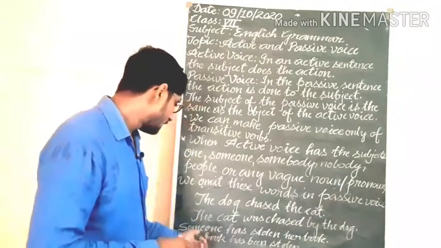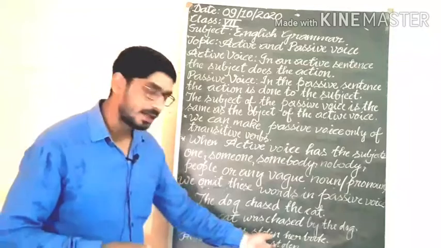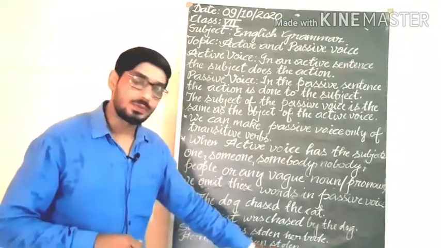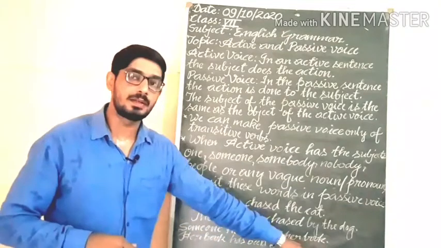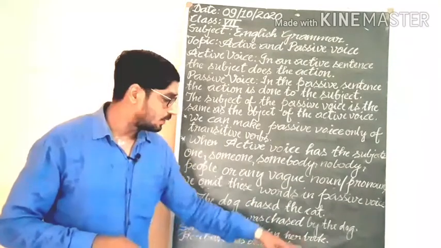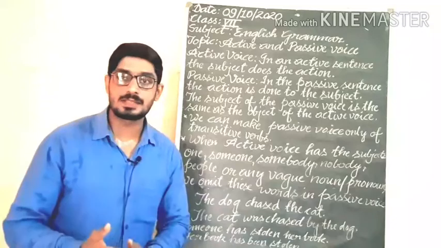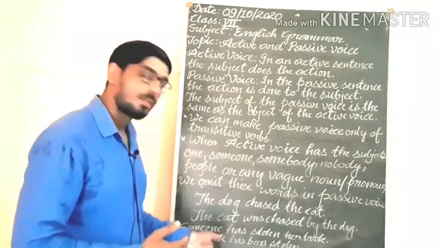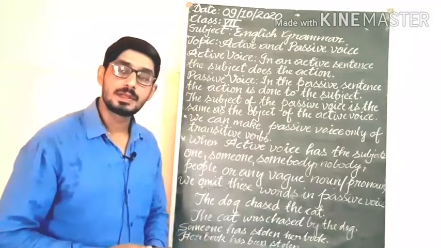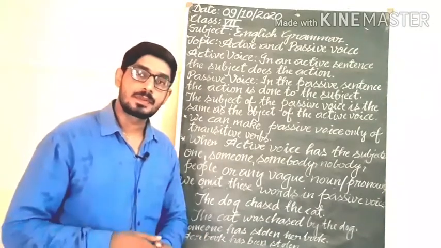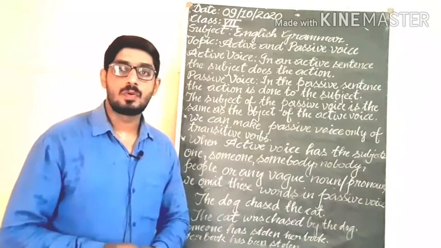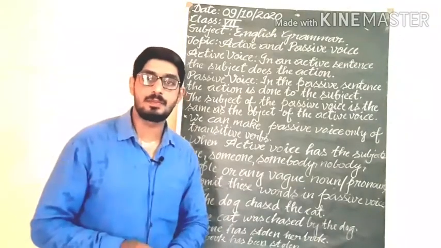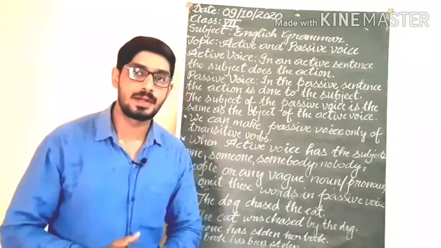So someone has stolen her book becomes her book has been stolen. We are not using by someone. In passive voice, we include by before the object, so we will omit by someone, by none, by anybody, by one, by somebody, by people.